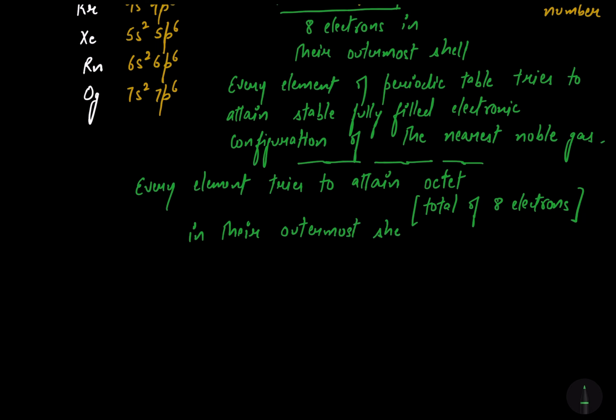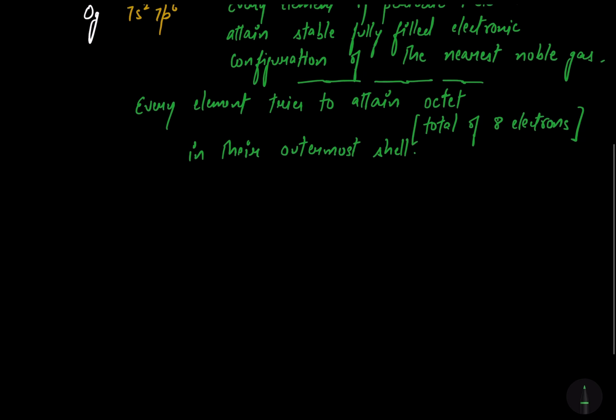Now the question arises, how will the element attain the octet of 8 electrons in the outermost shell? What's the procedure? There are a total of 3 types of procedures to attain an octet.